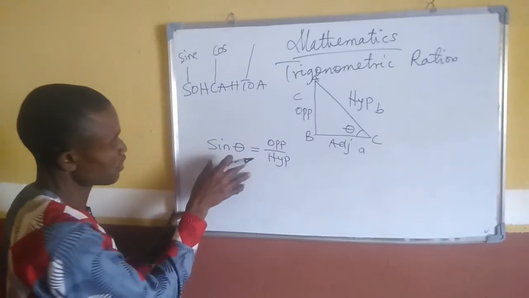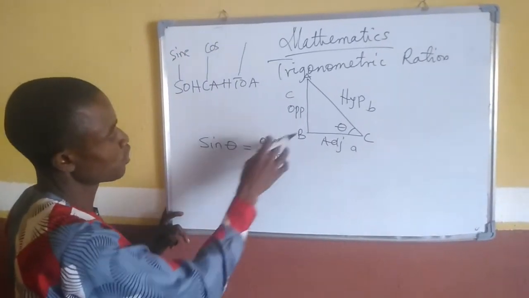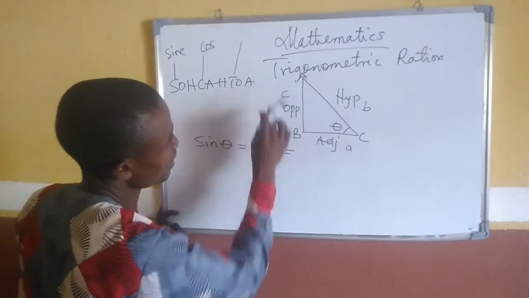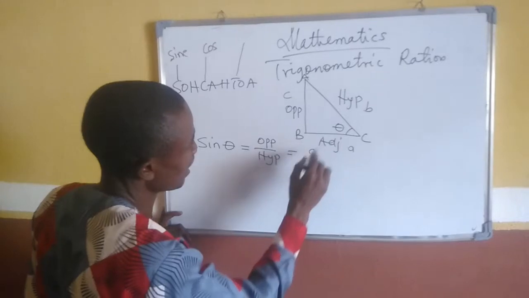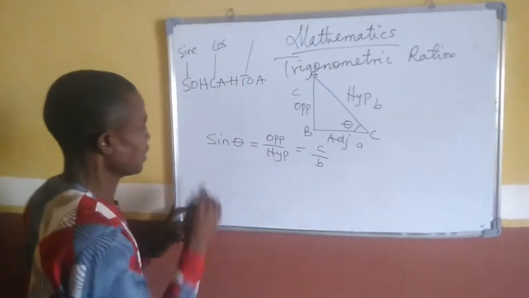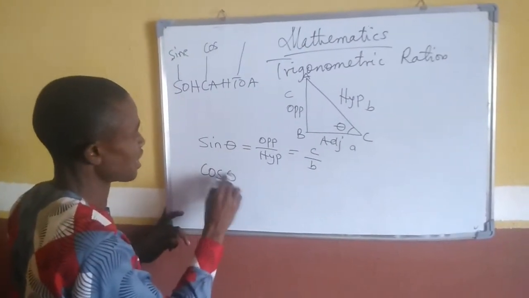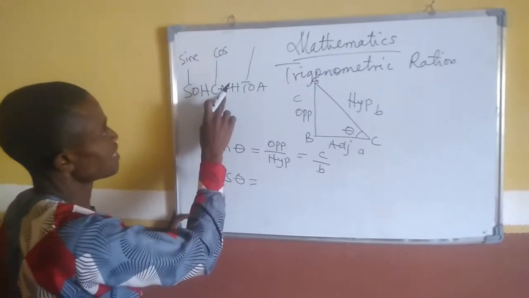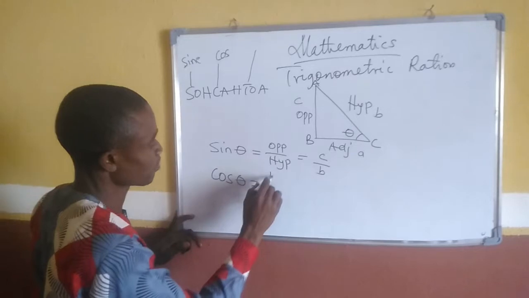So in the first ratio here, we have sine theta is equal to opposite all over hypotenuse. What is our opposite here? That is C all over B. Now the next one is cos theta. From here, we have adjacent all over hypotenuse.